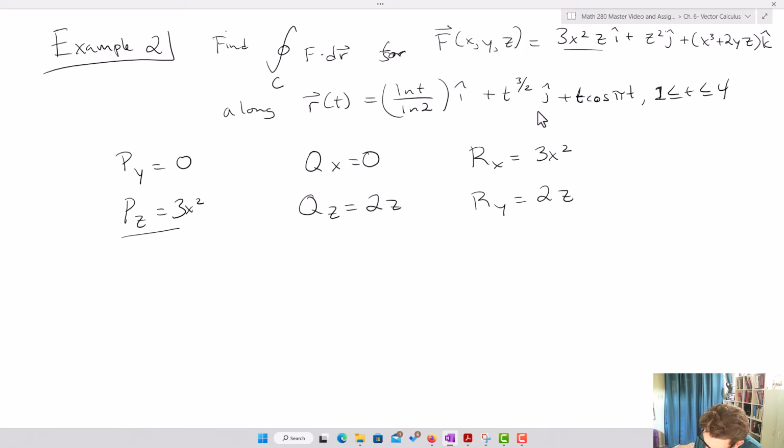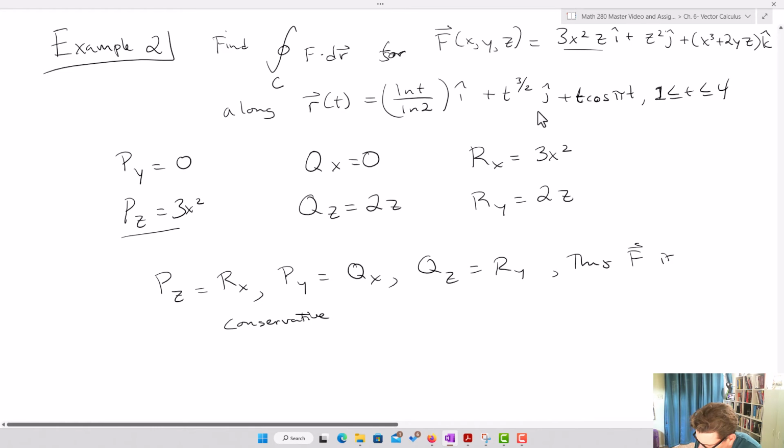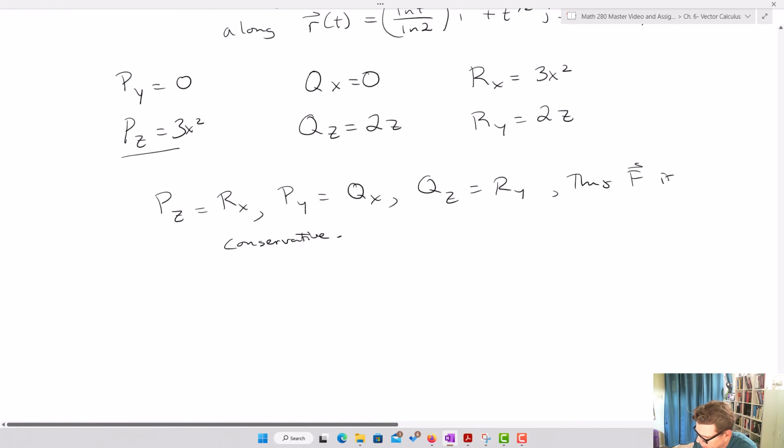Notice P_z equals R_x, P_y equals Q_x, and Q_z equals R_y. Thus F is conservative. So we have a conservative vector field. Very nice. So I don't actually have to go out and calculate the line integral by hand.